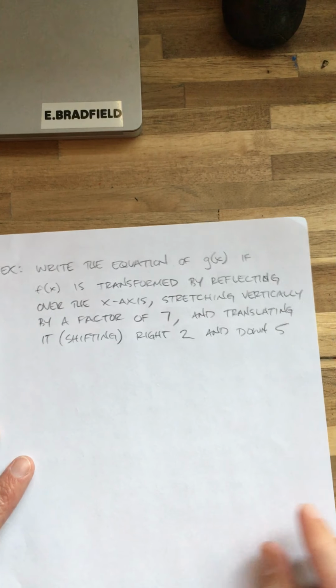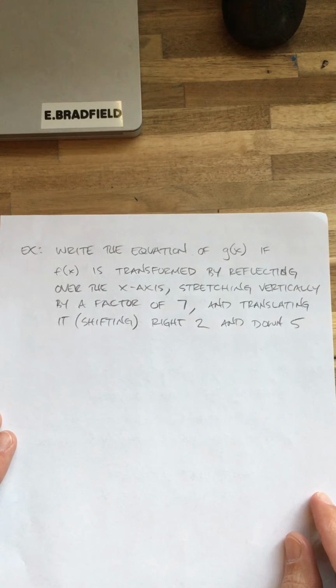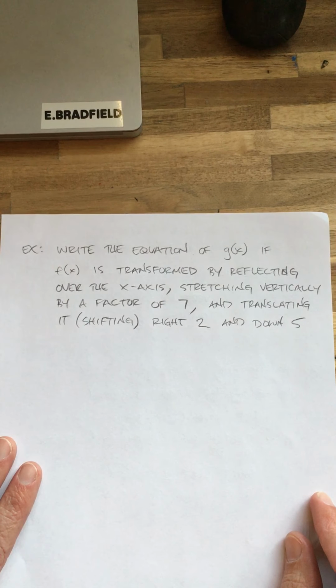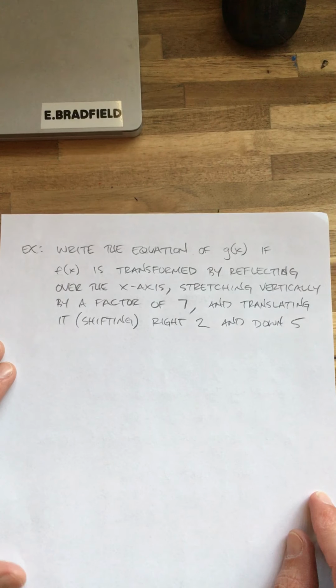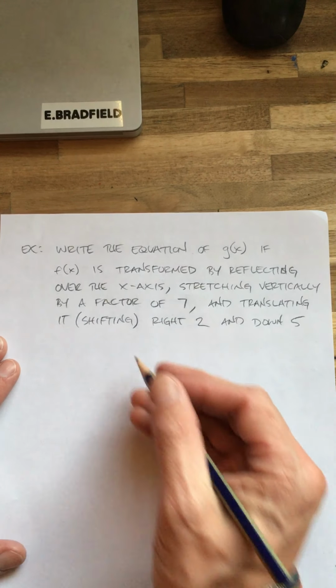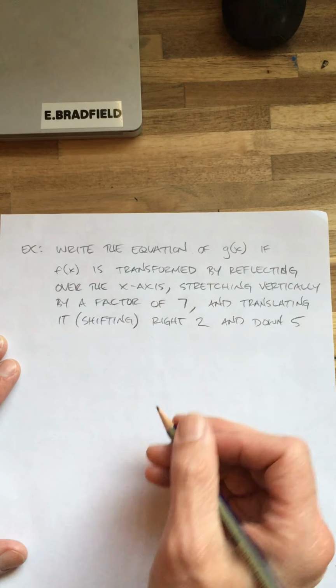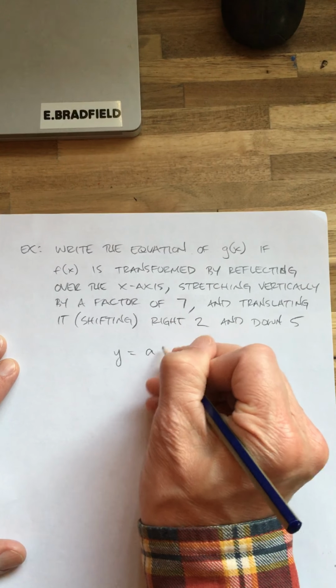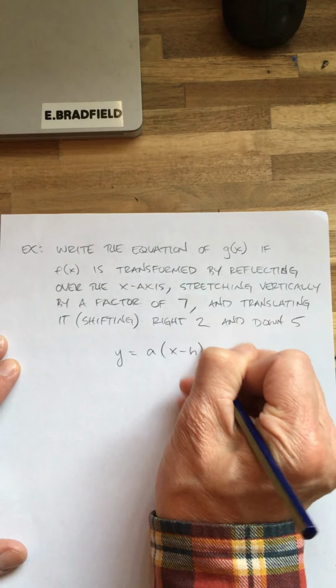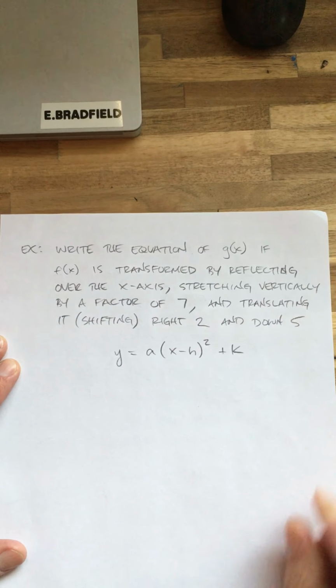Oh, sorry, that was off the camera. Sorry about that. I hope you were able to get most of that. All right, so here we go. Remember, our equation, g of x, that's the same thing as y. So it's y equals a, parentheses, x minus h squared plus k. It's all going to fit there.